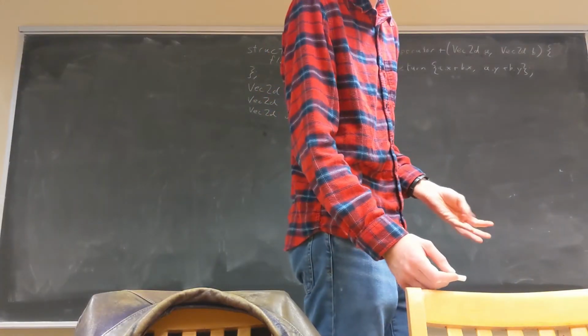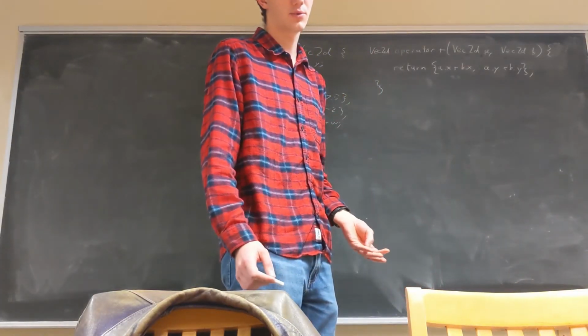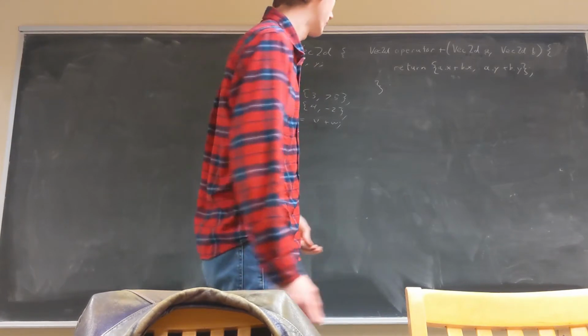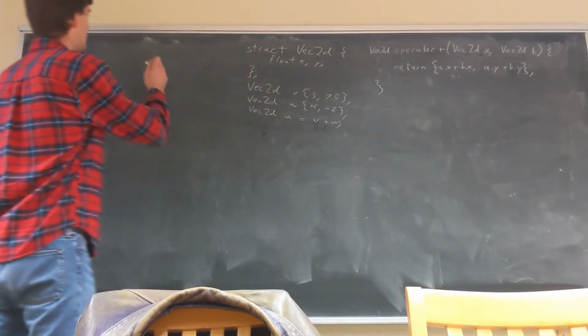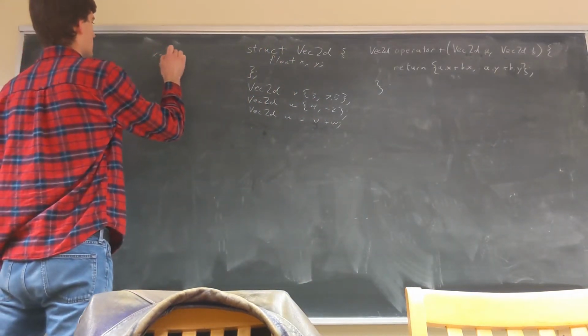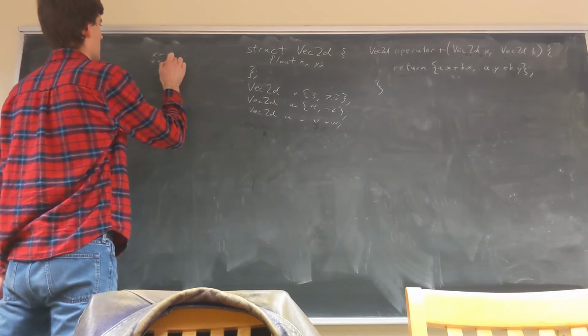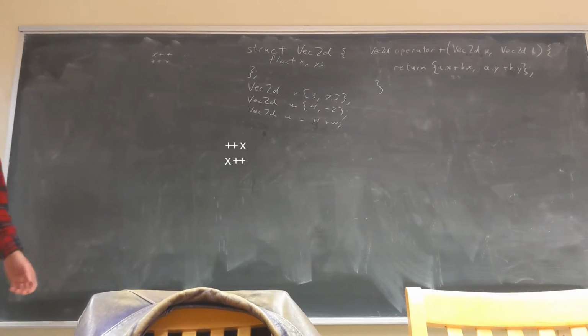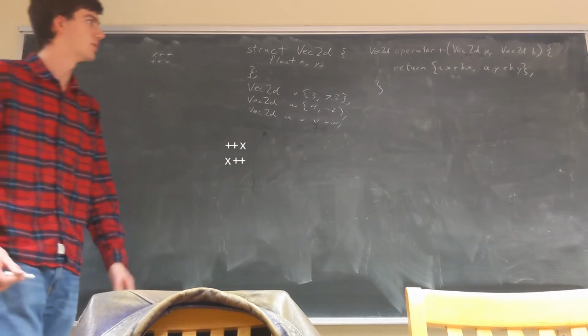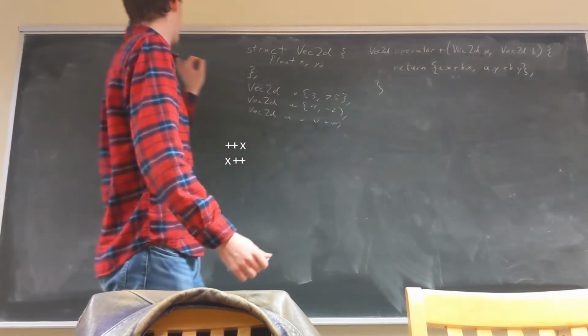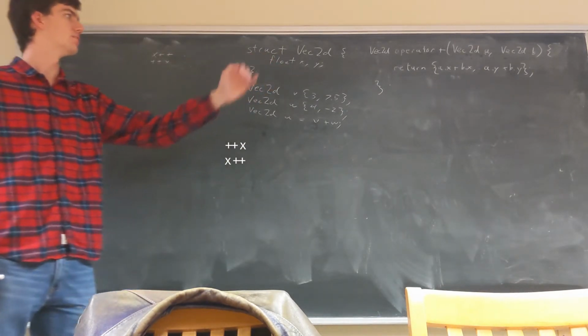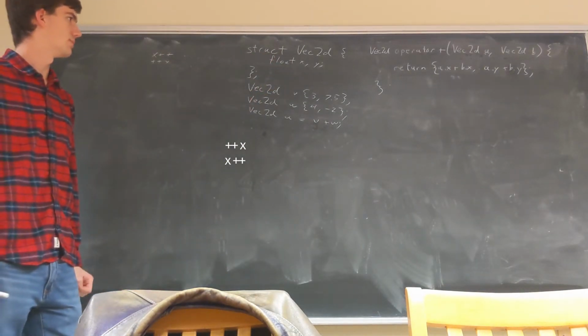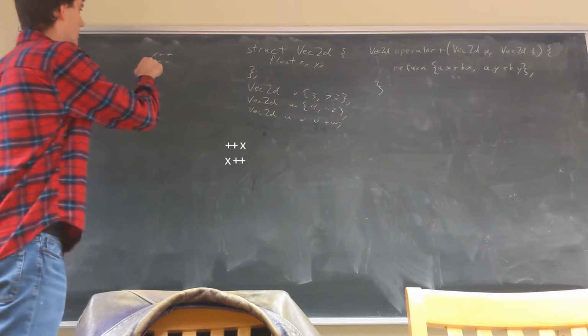A couple interesting special cases. Pre and post increment. You are probably familiar that x plus plus is not the same as plus plus x, and same for minus minus, right? So how you differentiate, because those are both unary operators, is this.